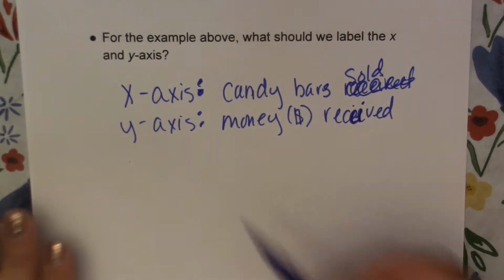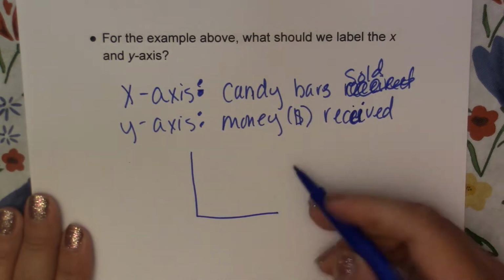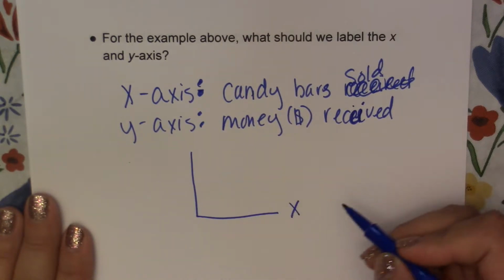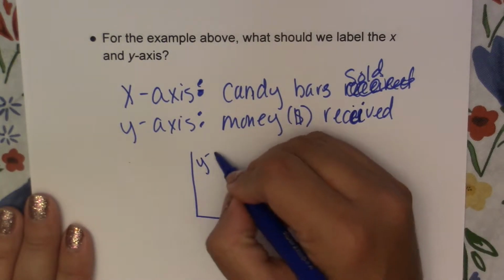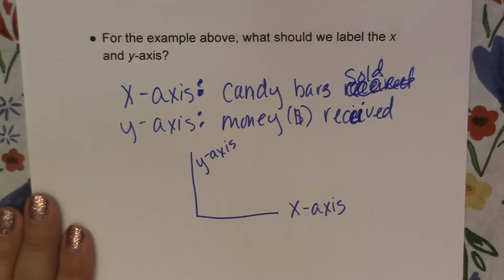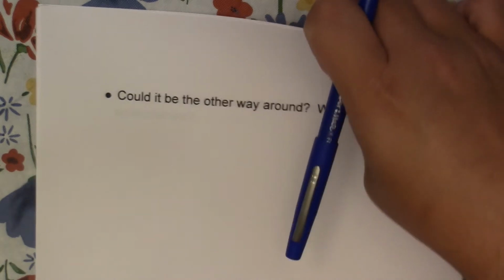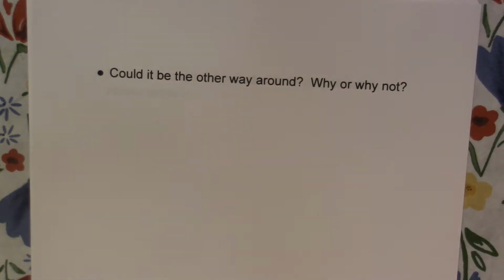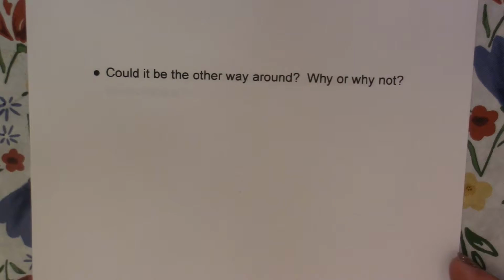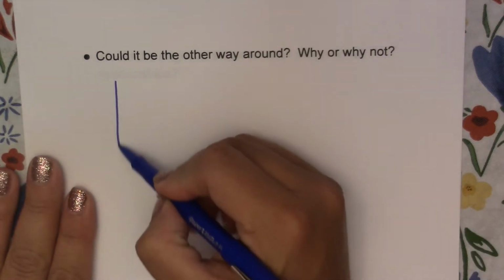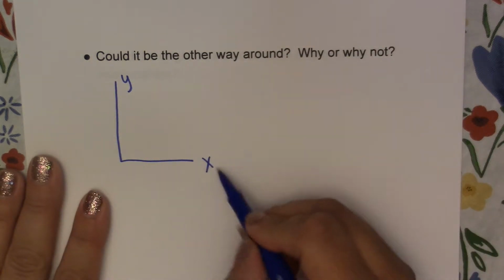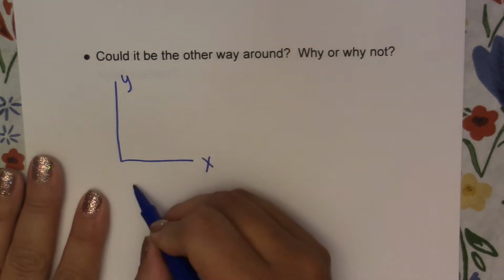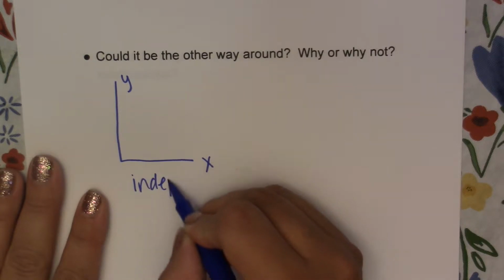When we are looking at our graph, just as a reminder, our bottom one is our x-axis and this tall vertical one is our y-axis. All right, our next question. Could it be the other way around? In other words, could we switch what we label the x and our y? And this is where we need to do a little talking about our graph. So when we have our graph with our x and our y, this x-axis is where we graph our independent variable.